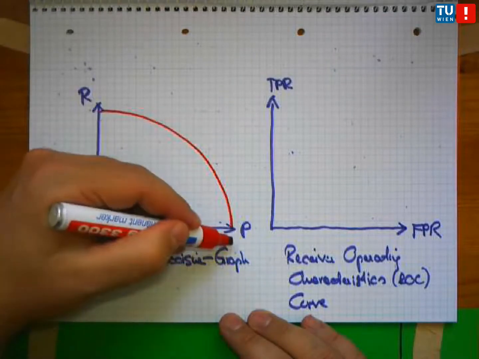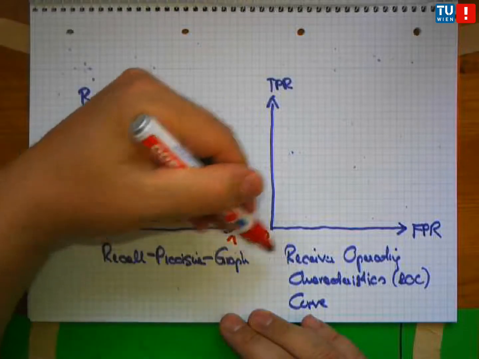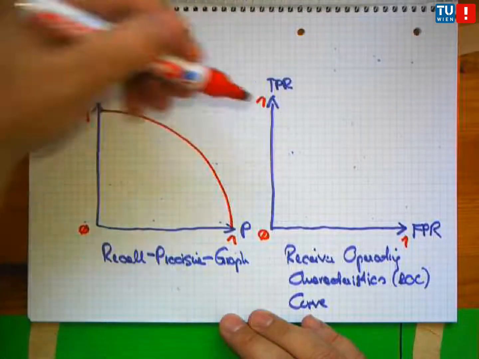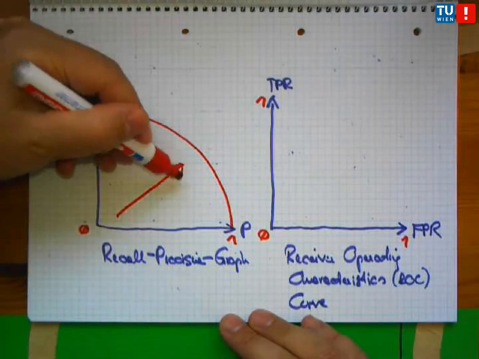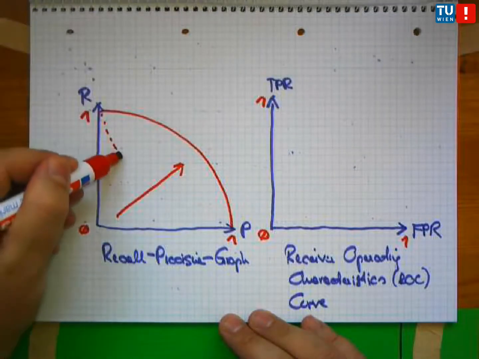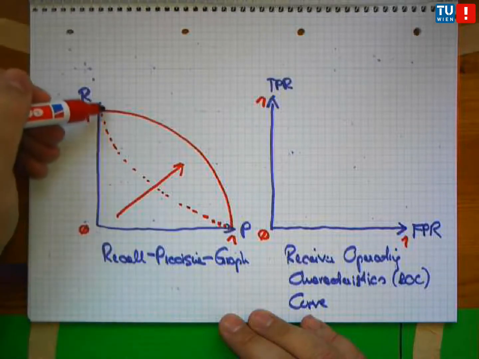Both of them go to limits of 1, starting at the origin. That is equally true for the ROC. And the further out you manage to get, something like that, for example, is completely undesirable in a classifier, the better it is.